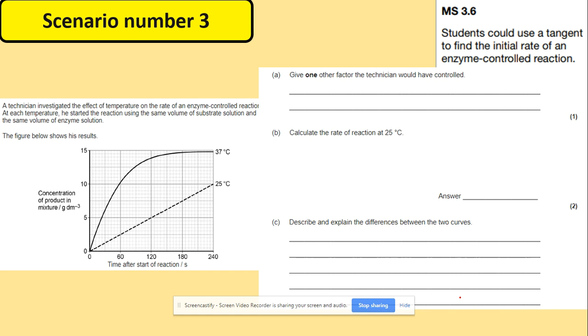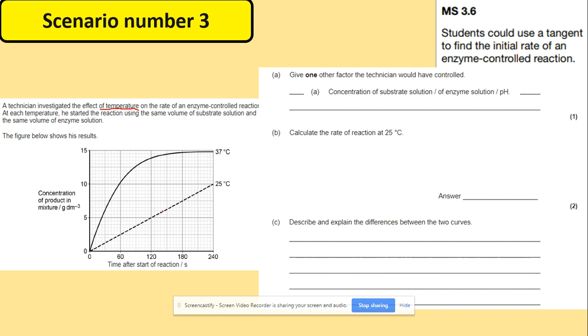Give one other factor that technicians could control. For example, the concentration of substrate or enzyme solution, or pH, because they were looking at the temperature, so we cannot give temperature as the answer, or the concentration of product because that was checked as well.